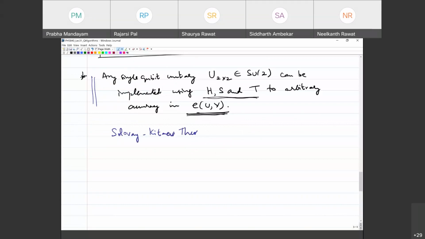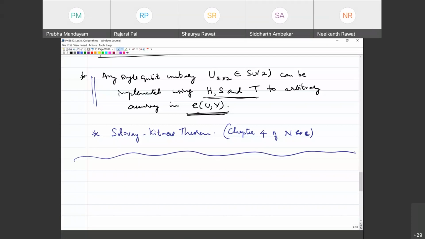The reference would be chapter 4 of Nielsen and Chuang. They give a very nice description of this statement, and also a proof, which I'm not giving, but I encourage you to go read up on this.